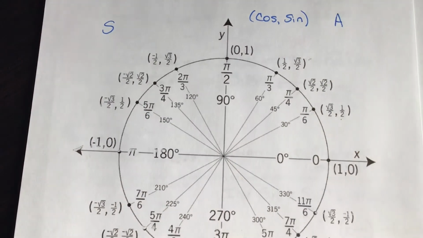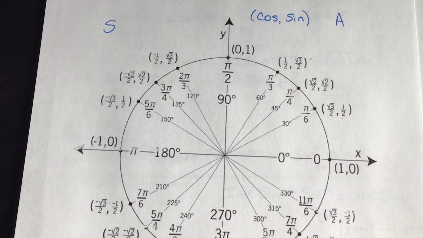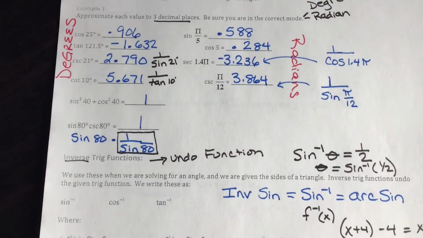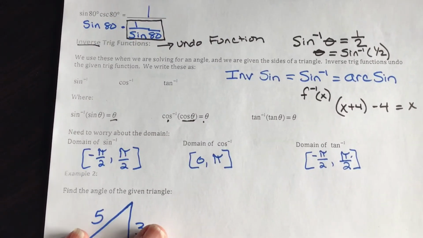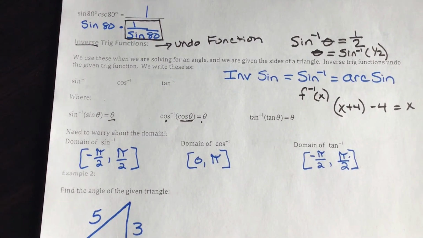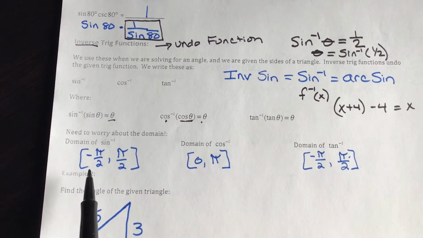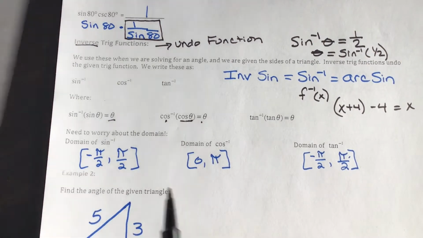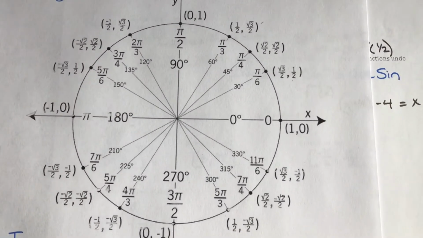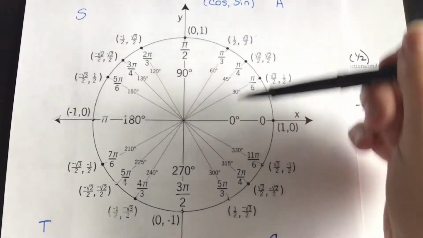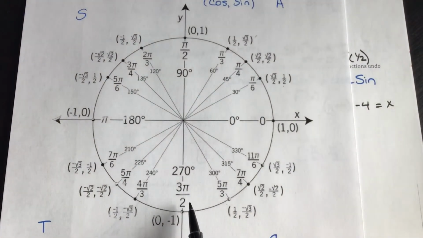So when we're working with inverse functions, we're only working in part of the unit circle. If we're looking for sine functions, we're looking for the angle that's in between negative pi over 2 and pi over 2. And on this unit circle, negative pi over 2 is down here.